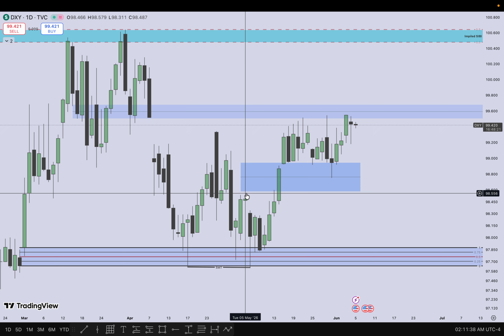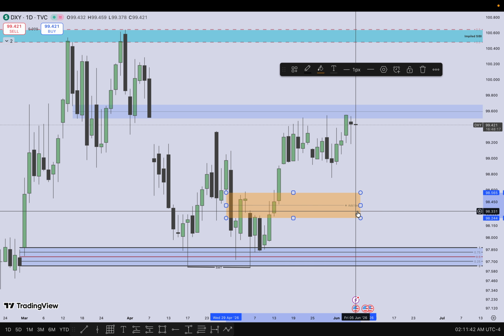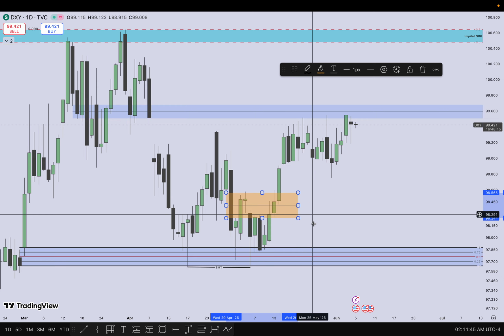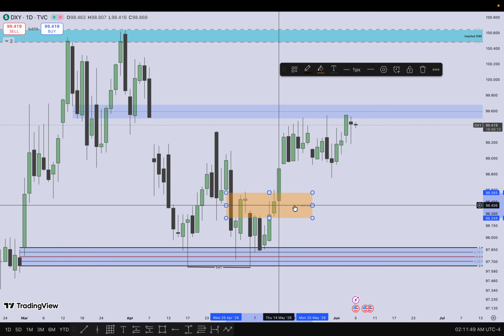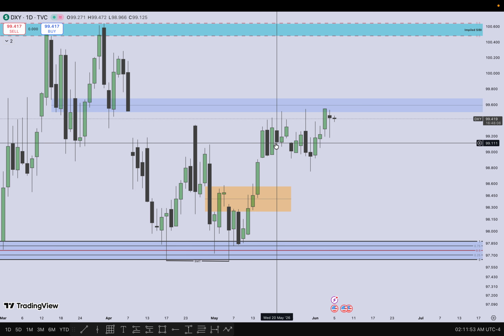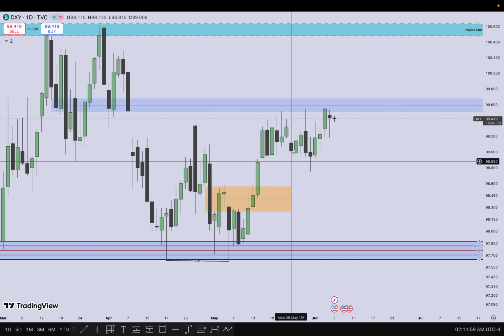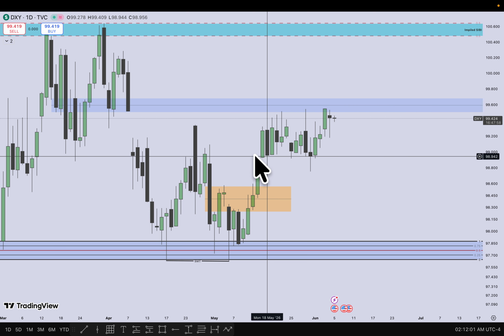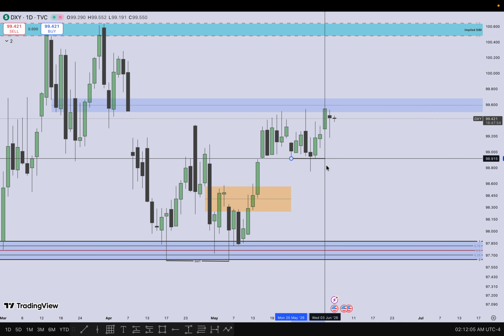So on the daily analysis of the dollar, we can see that price has inversed this area. I've already told in my channel that this happens. So this is an inversion, and price broke this inversion, and once we tapped into this inefficiency, price was consolidating multiple times, and after the consolidation price took this low and gave us a liquidity sweep.